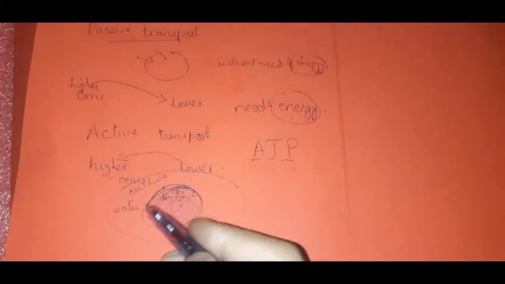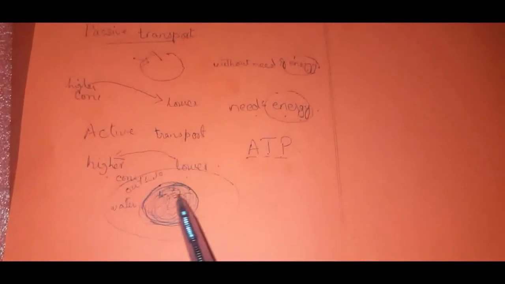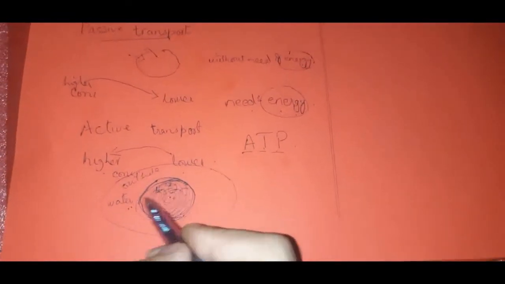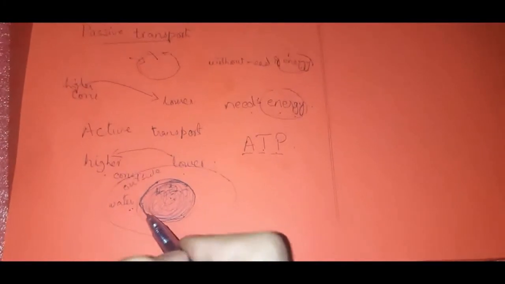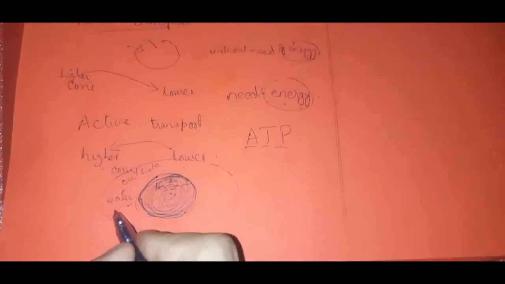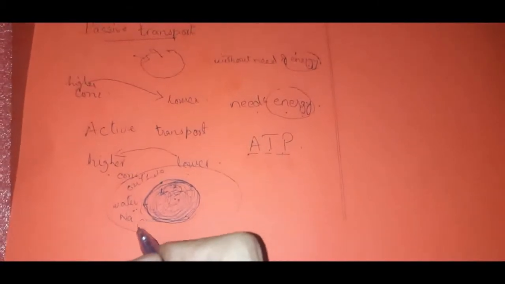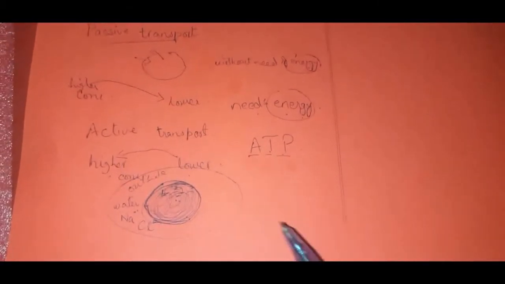Okay, as it is semi-permeable, it has tiny pores, and because of the pores, molecules from outside go inside and from inside go outside, right? Now this water has different ions or salts. For example, sodium chloride: chlorine will be dissociated in negative form, and as we know, sodium is in positive form.